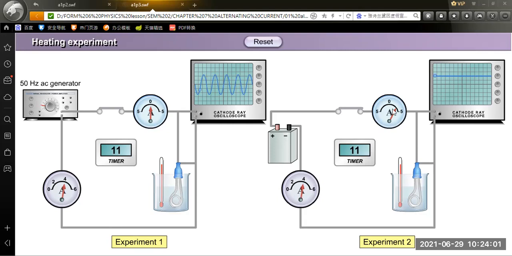But for the zero-center ammeter, it shows 4 ampere. So this one is 0. The source of the alternating current is like that. For the direct current, the output is a straight line.